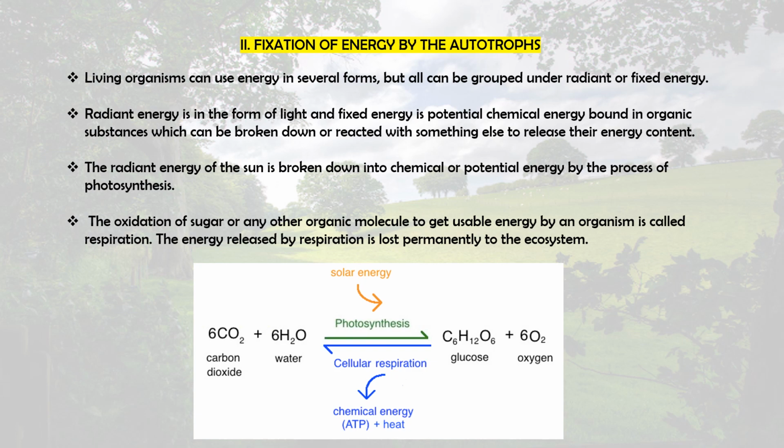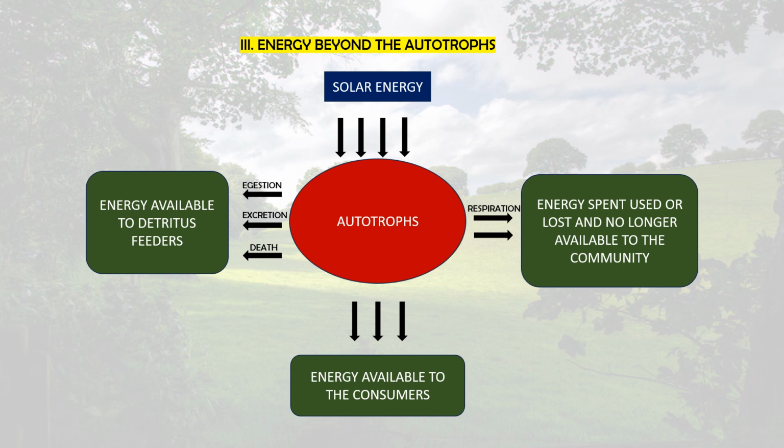Now we'll go to the next one, third process, where energy beyond the autotrophs is discussed. Here you can see that autotrophs get 1 to 5% of energy from the sun.